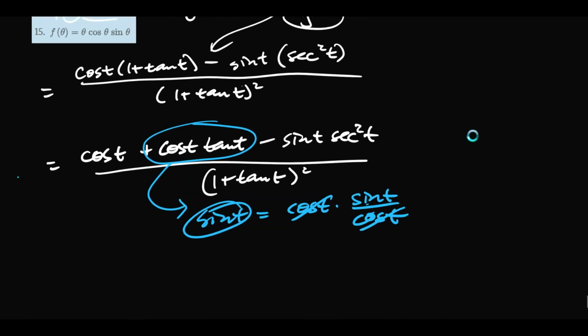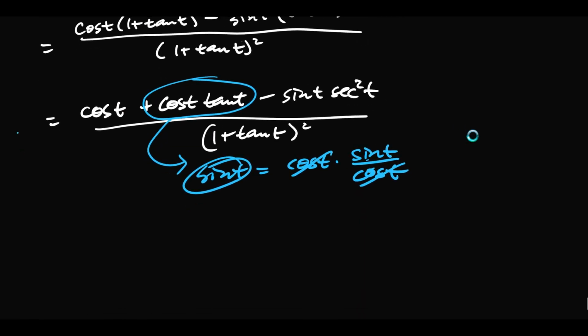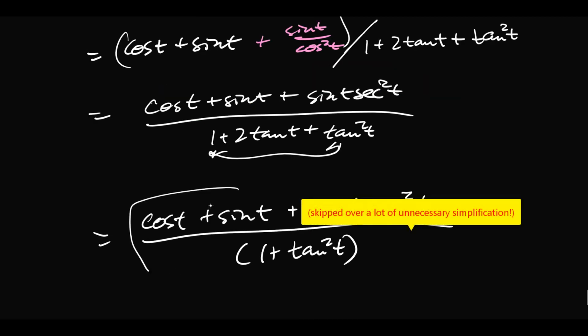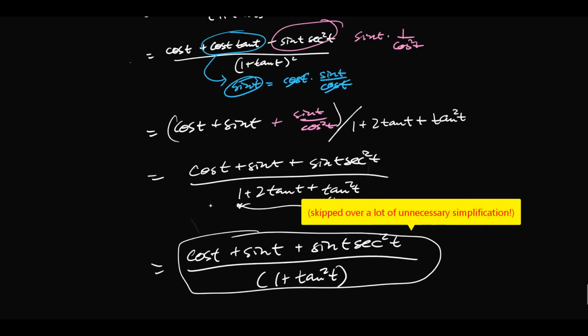And so you can simplify this a little further to give you cosine t plus sine t. Let's see what happens here with these two. Sine t times 1 over cosine squared of t, sine squared, sine over cosine squared. I don't really think that's going to help us any. There you have it, or any iteration of that.